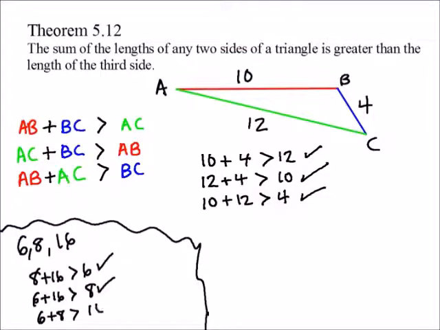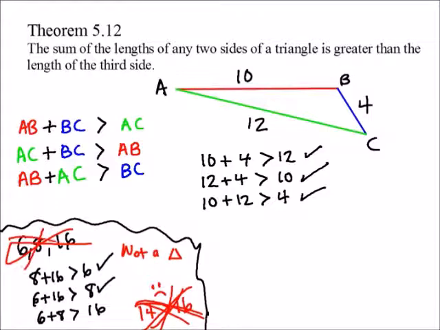Is that greater than 16? Look at it. Is 14 greater than 16? No, it's not. So right here, this is not a triangle. So you have to check all three possibilities.